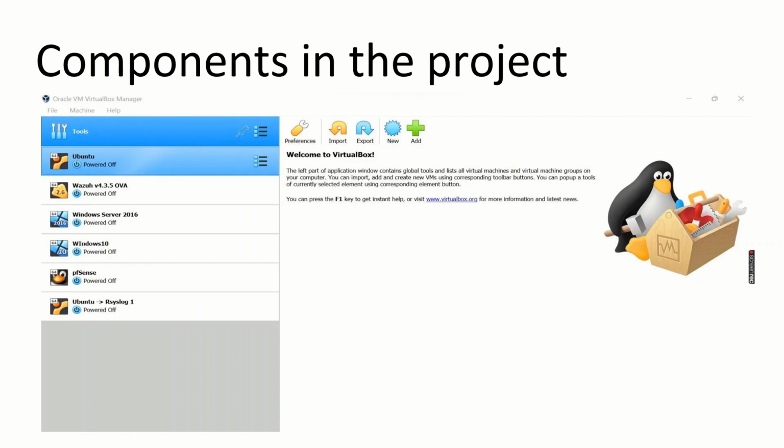So the first is the Ubuntu server, and then the Wazuh, which when started provides a GUI interface, and then the Windows 2016, where we perform some Active Directory activities, and then the Windows 10 and the pfSense firewall, which blocks the incoming and outgoing traffic, and this is the Ubuntu rsyslog server version. So let's see how it works, and let's move on to the demo now. Over to Sandesh. Thank you.